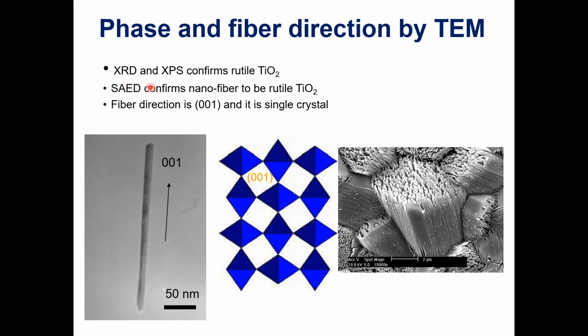Selected area electron diffraction also confirmed that the nanofibers are rutile, and the fiber orientation in TEM is determined to be 001. If you look along the c-axis of the rutile structure, you'll see that there are rectangular holes running through along that direction.